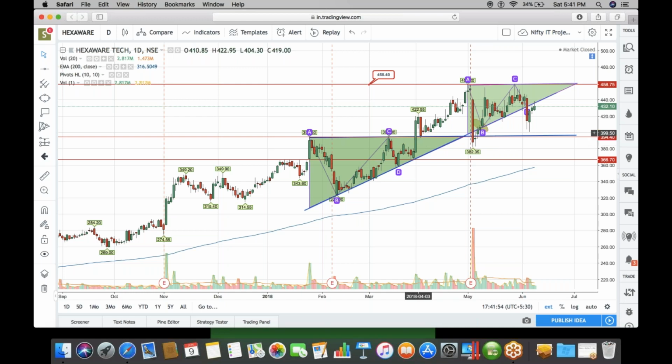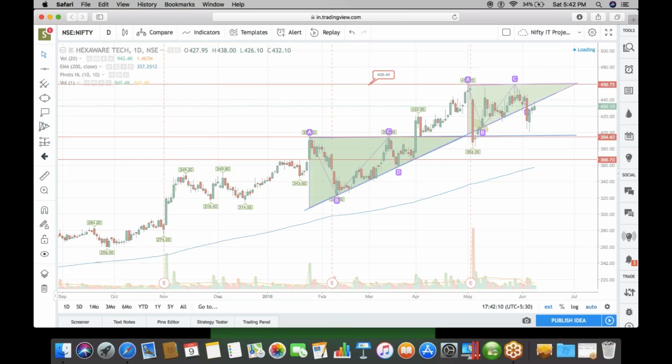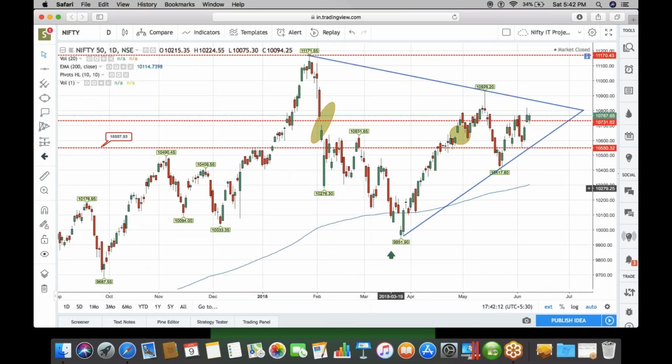Again, understand one thing. If there's an upside breakout, this is an upside breakout. What is the date? This is 2nd of April. Now go to Nifty. We'll see how Nifty behaved on 2nd of April. This is March. This is April. This is 2nd of April.